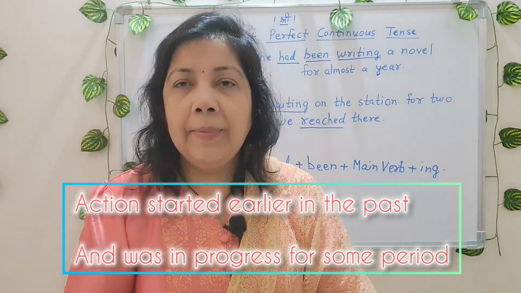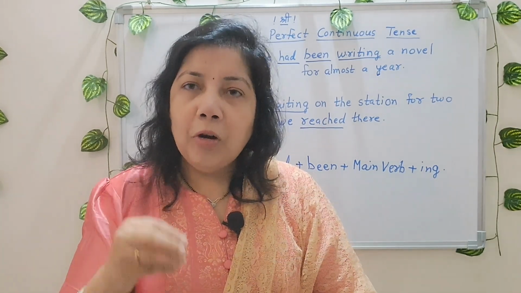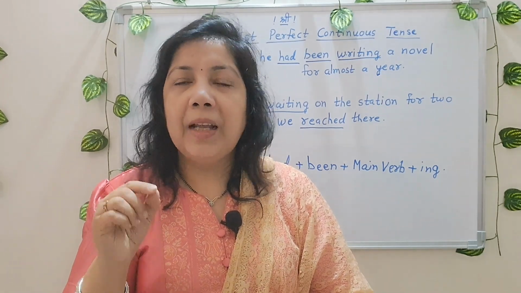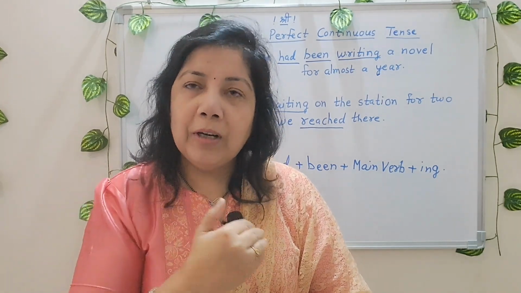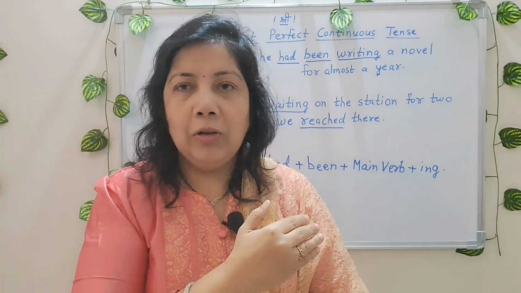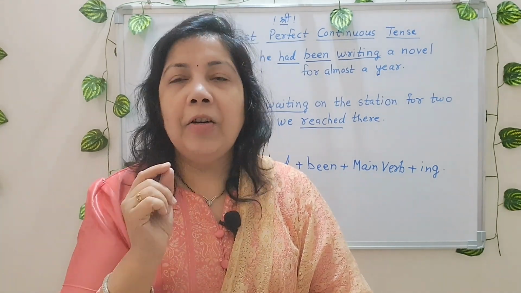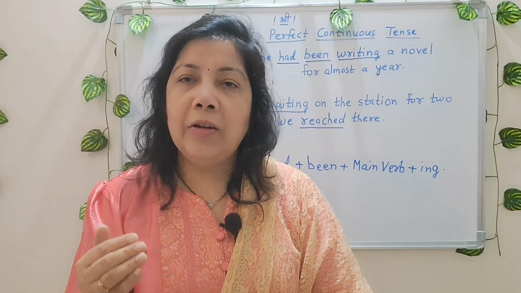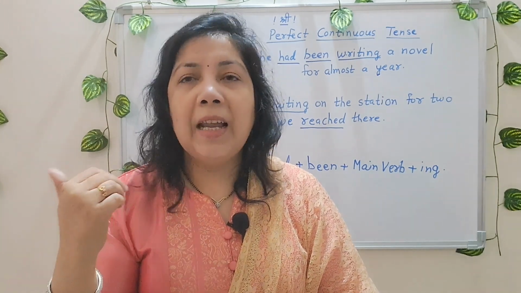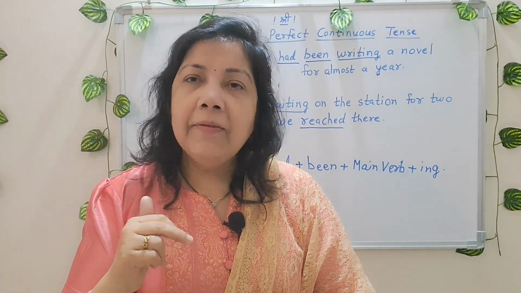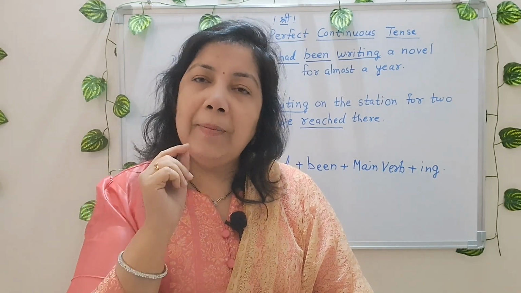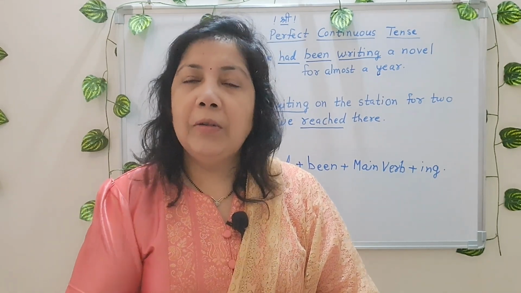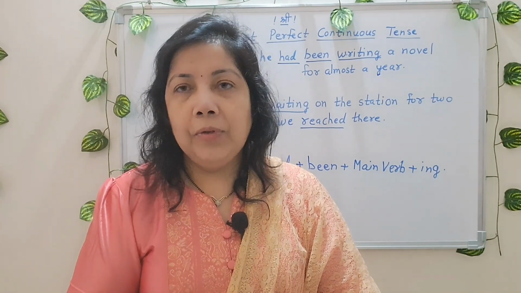Action which had already begun, and when we talk about that time, that action is in progress. Action is going on for a longer period of time. That time we use past perfect continuous tense. Action began in past. In the present when we are talking, that action had been in progress. Okay. This is the first use.